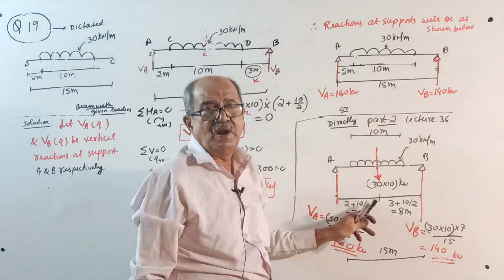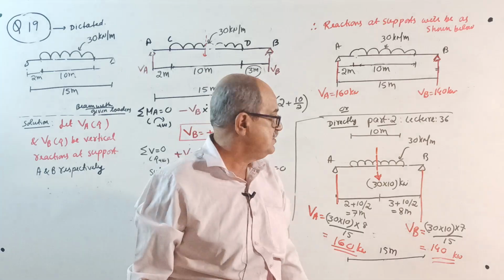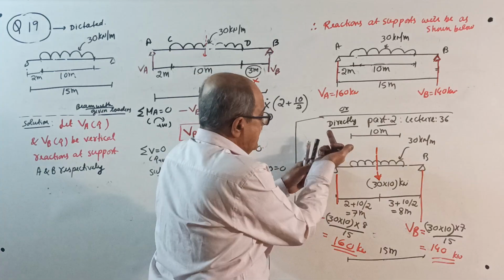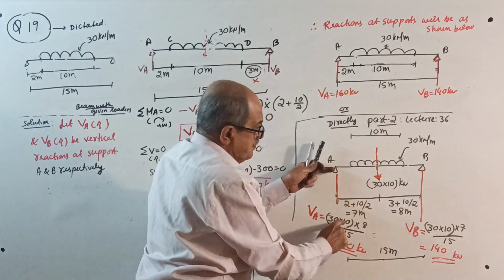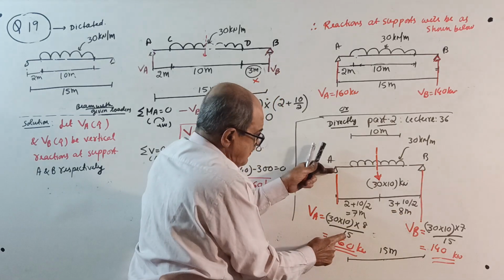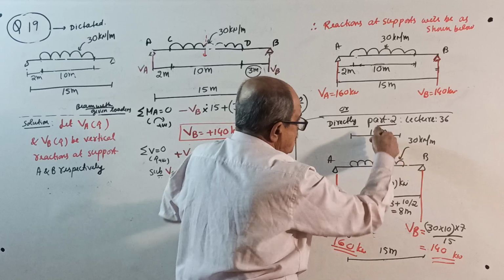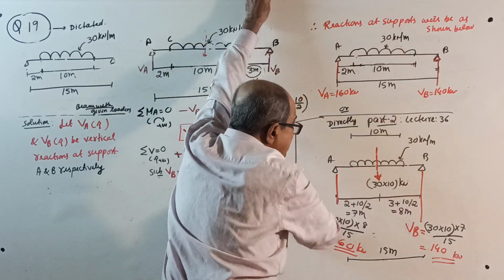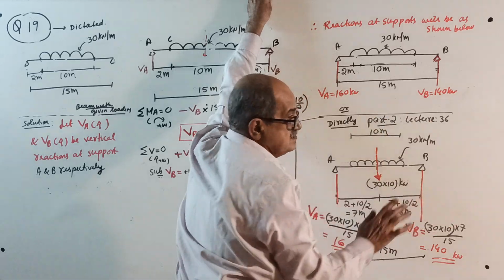Actually, once you get one distance, the other you can directly write, but still for checking purpose. Now, this reaction equals total load 30 into 10 multiplied by other distance 8 divided by 15 span, which is 160. This reaction equals total load into other distance 7 by 15, which is 140 kilonewton.